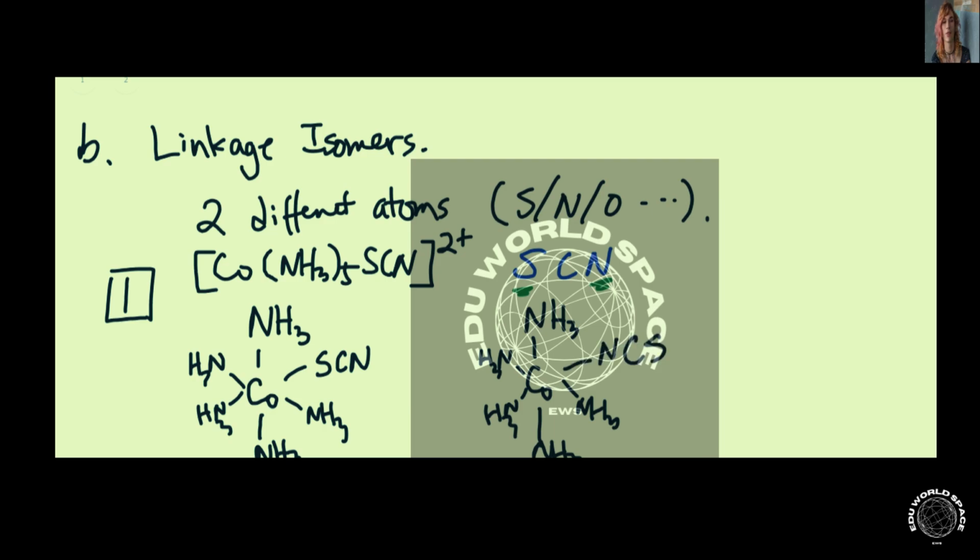So this is a linkage through sulfur, and this is a linkage through the nitrogen atom. So these two complexes are called the linkage isomers.